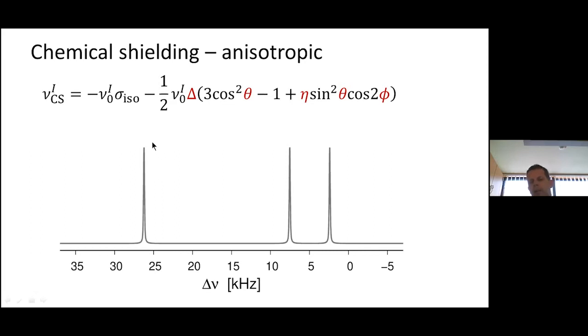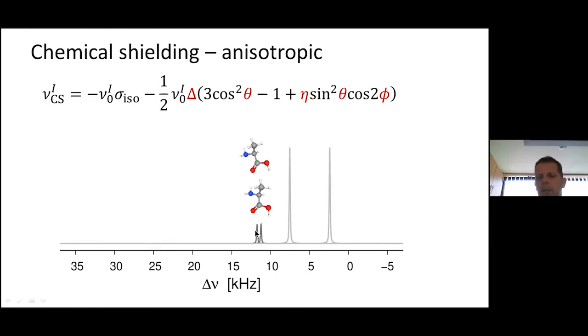And therefore, in the NMR spectrum of a solid, for this contribution here, we will actually not get just a contribution at this frequency, which is determined by sigma iso. For one orientation of molecules, because of this additional contribution, we will get a signal here. For another orientation, we will get a signal slightly displaced. For another, again, slightly displaced.